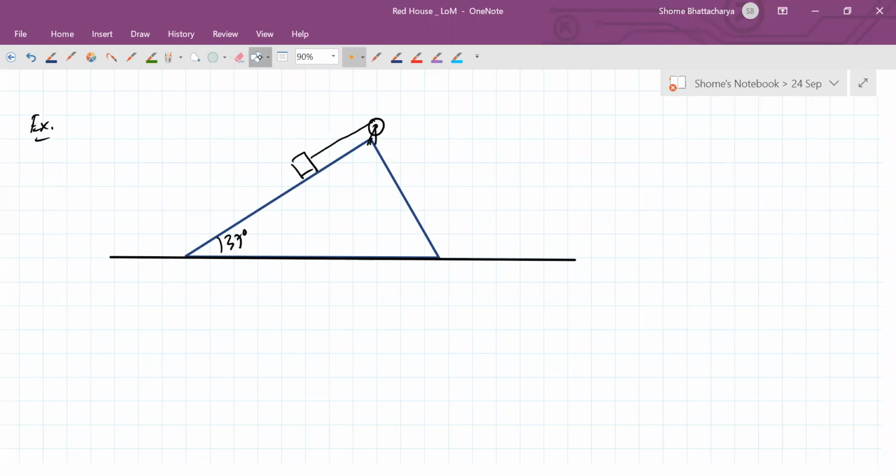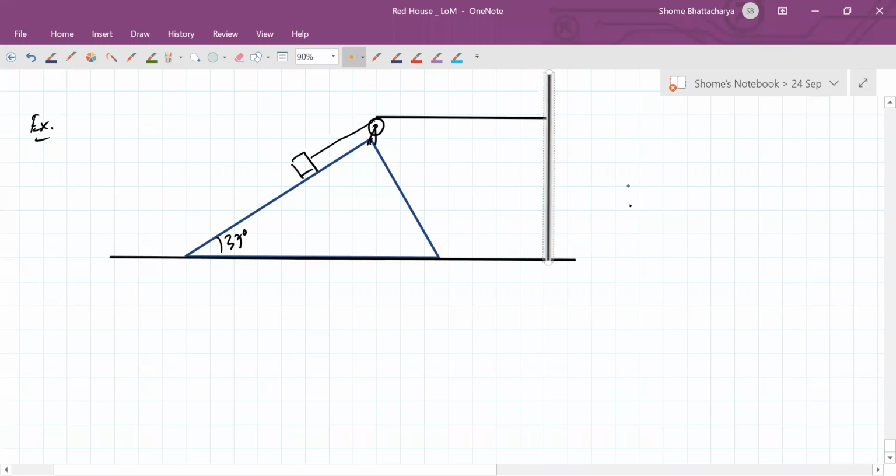And this thread is now attached to a fixed wall like this. Okay. So this is a smooth surface. This thing is a mass, let's say capital M. This thing is a mass small m. Okay. Massless pulley, and this is also smooth and all that.